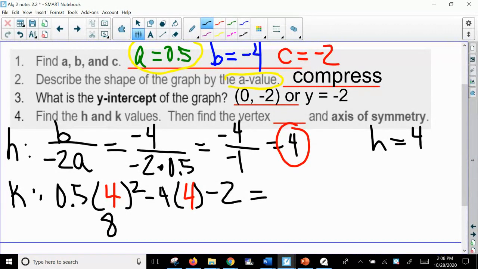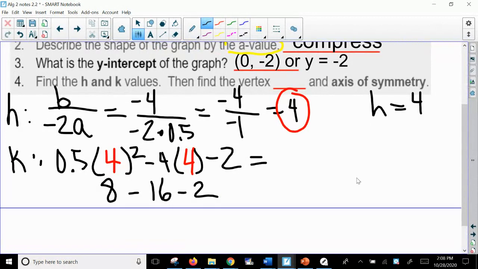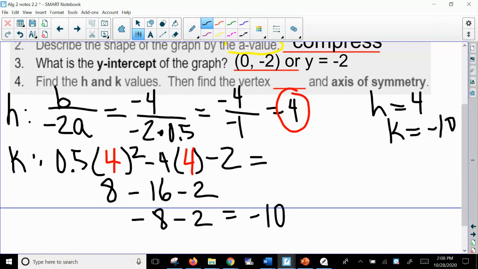Negative 4 times 4 is negative 16. Bring down my minus 2. 8 minus 16 is negative 8. And negative 8 minus 2 is negative 10. So K is negative 10. So what's my vertex? My vertex is 4, negative 10. That's the vertex. And the axis of symmetry is x equal 4.